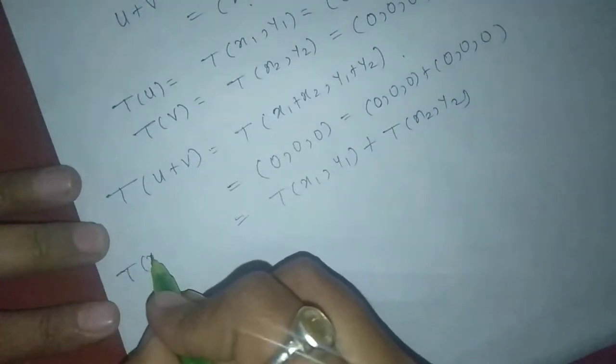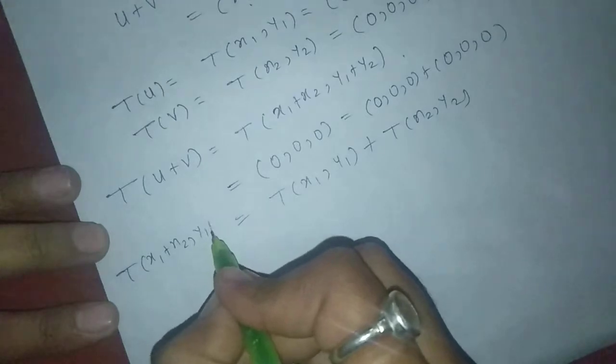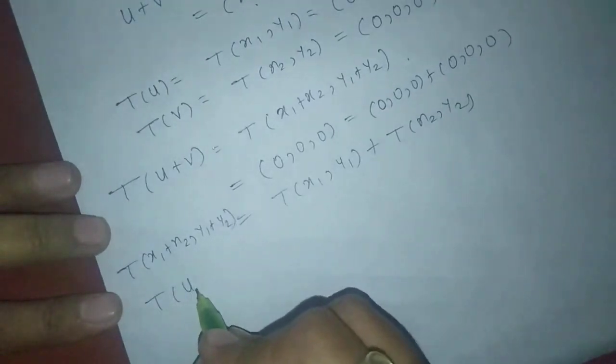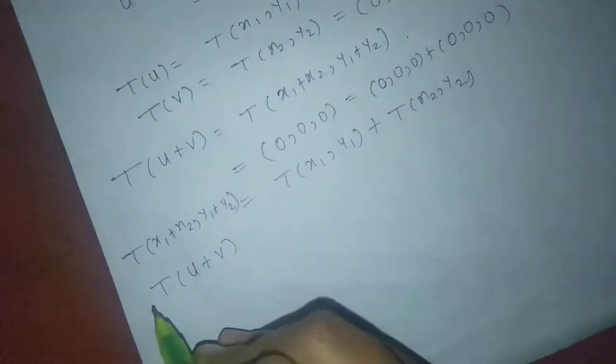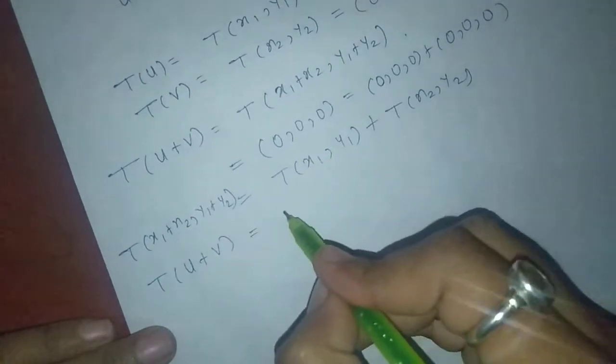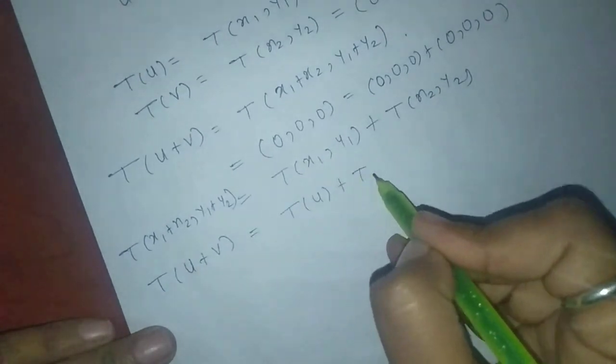So here we get T of U plus V equal to T of U plus T of V.